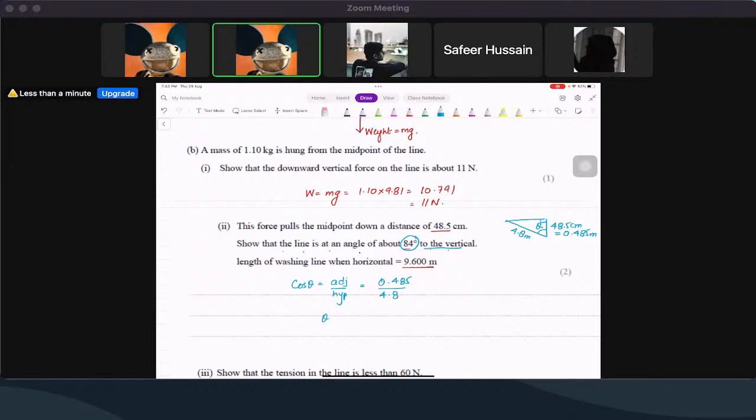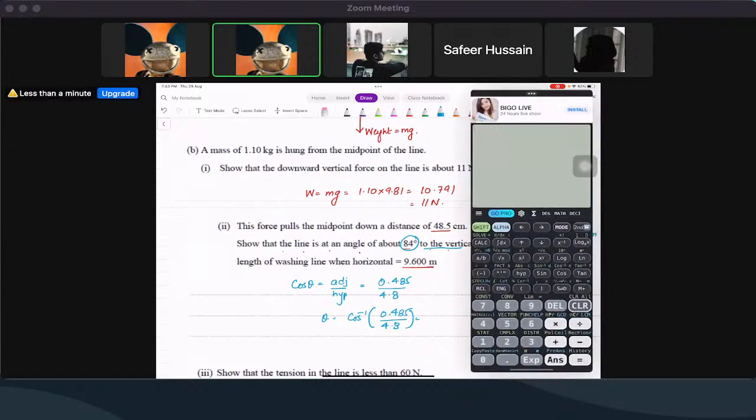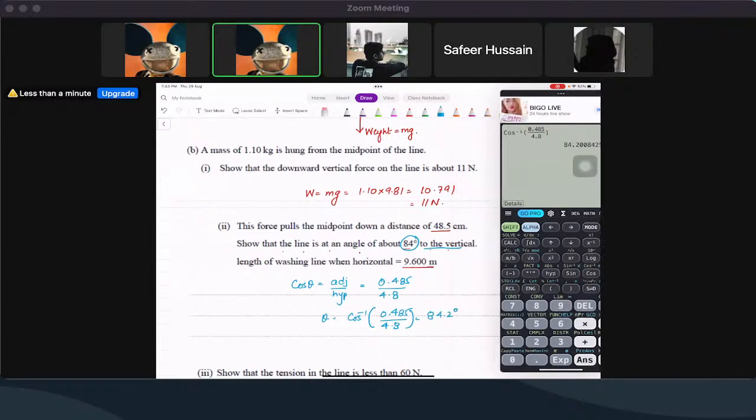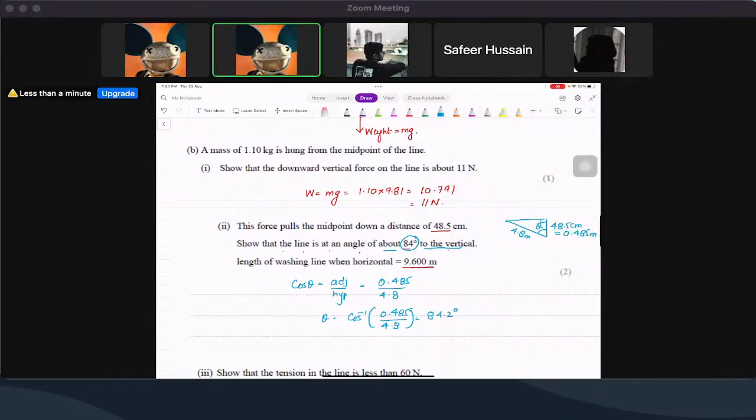You take cos inverse. Wait, let me use the calculator, shift cos inverse of 0.485 divided by 4.8, and we get 84.2 degrees, which is about the same. Is it clear, everybody? Shown. Yes, sir.